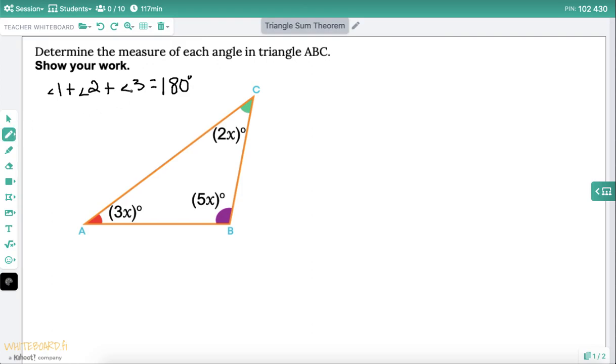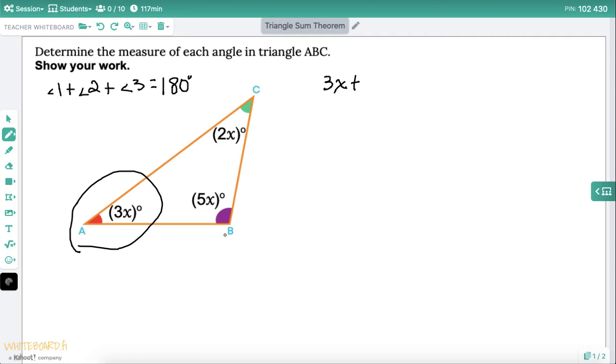So that said, just to take a look at what we have here, we have three angles. This we can call angle 1, so that's A, and it's represented by 3x. So angle 1 here is 3x.